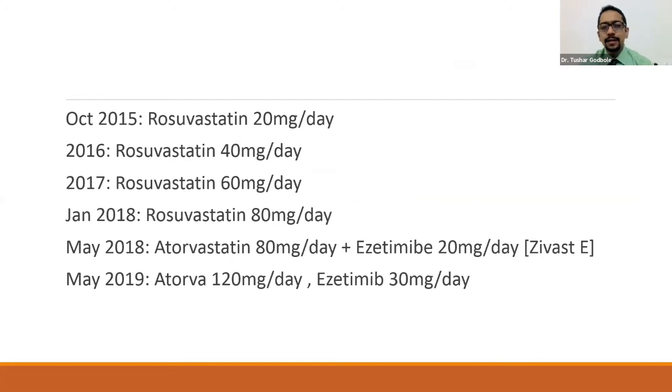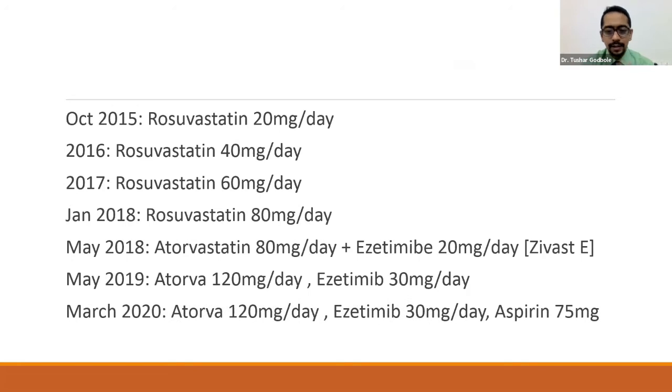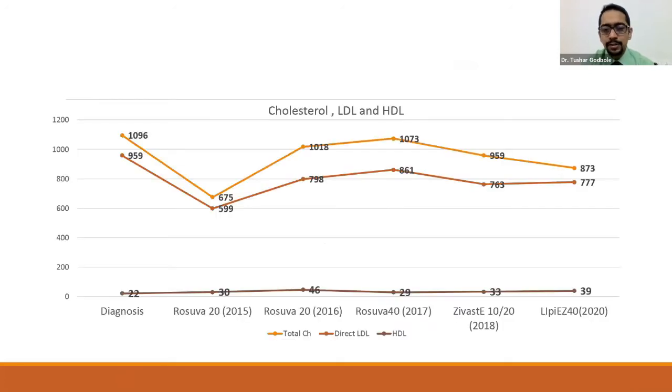And then we added a molecule called ezetimibe, which acts on the receptor where the cholesterol and lipids are absorbed through the intestine, so it reduces the intestinal absorption. And in the last visit, we added aspirin because the child just fails to respond to all these drugs, and he is at very high risk for cardiovascular events.